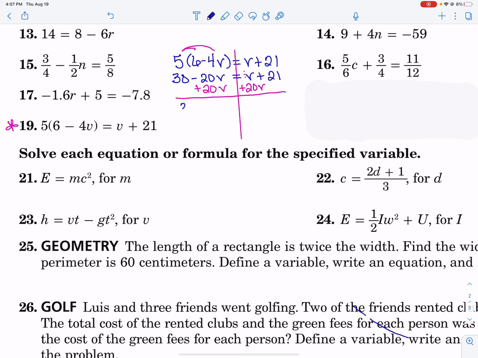All right, so then I've got 30, negative 20, and positive 20. They zero out, is equal to 21v plus 21. Okay. Now, let's go ahead and add or subtract 21 from both sides, doing that inverse operation.